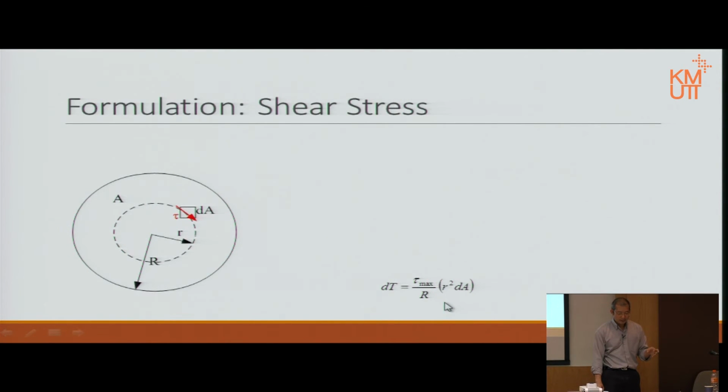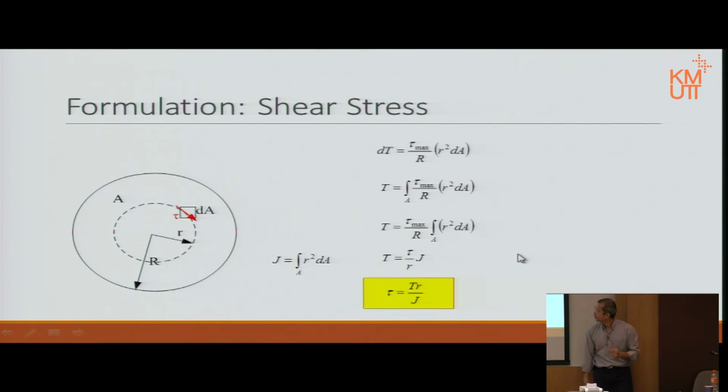We just clear off the area, move that upwards, and then put in the integration. Once we put in the integration, as I explained before, these two terms are constant and come out of the integration, and then we have this term left. That one we already discussed in statics.